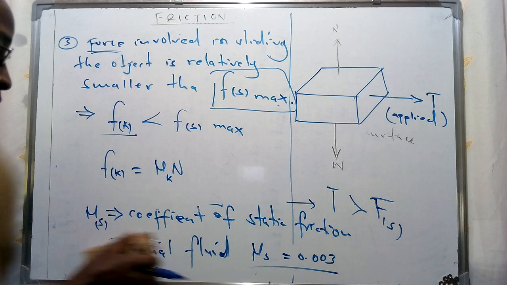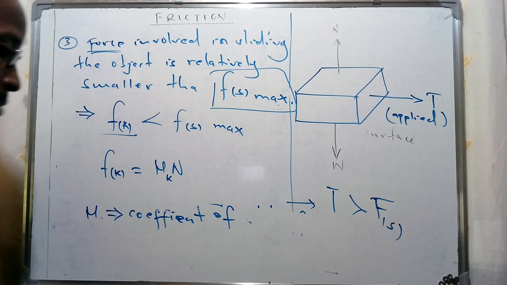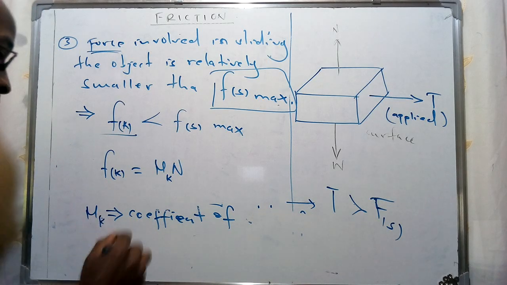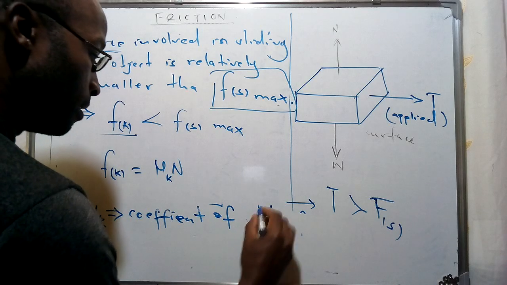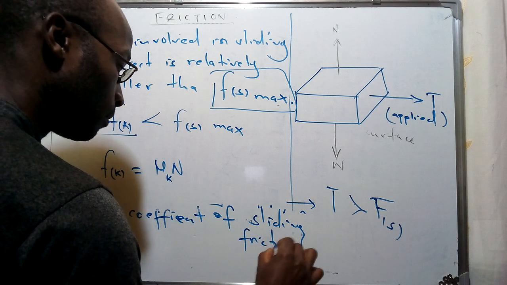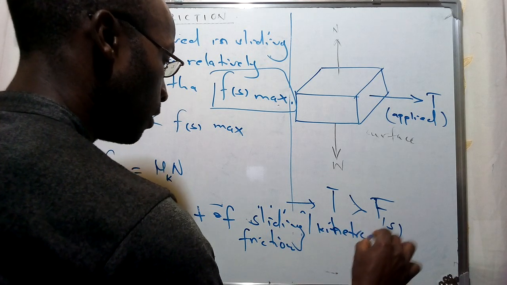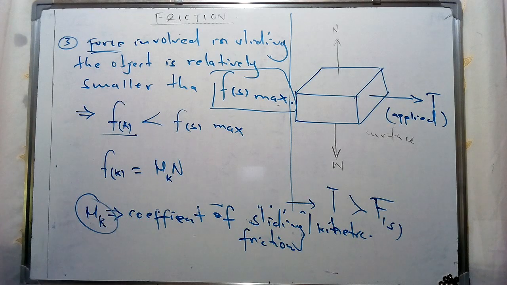But if we change this notation, we have mu K, which is the coefficient of sliding or kinetic friction.